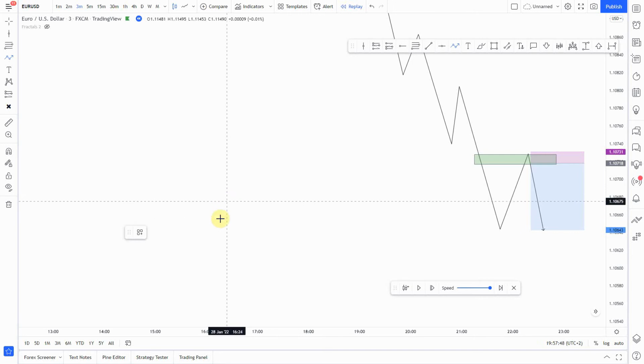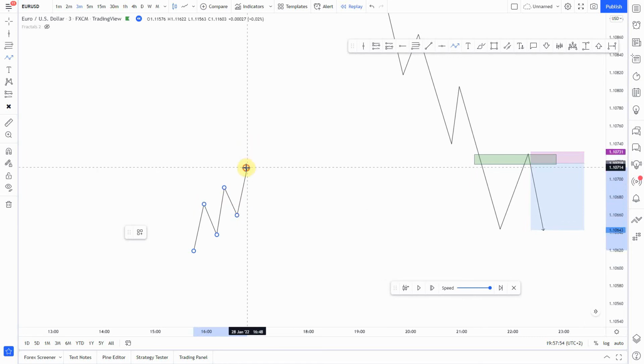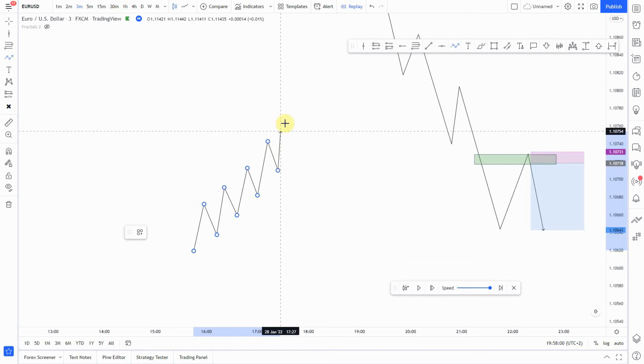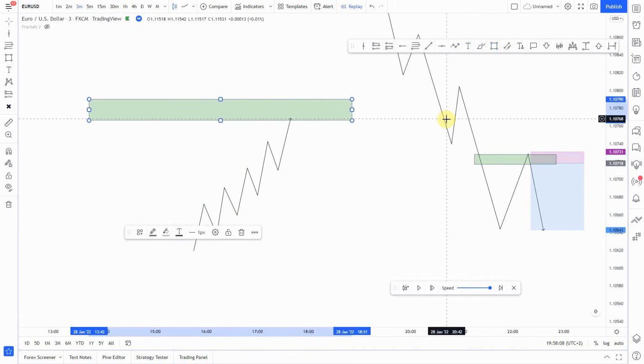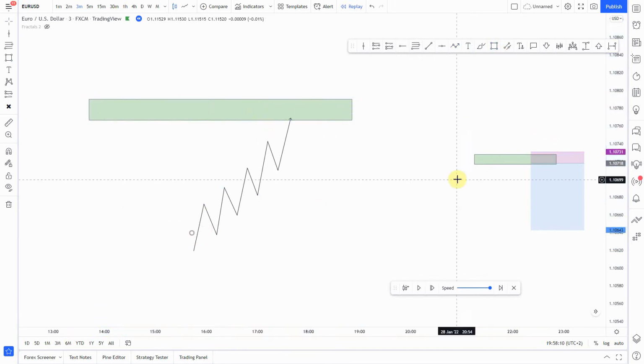You would understand that when you are moving to the upside, you will make higher highs and higher lows, right? And then what happens when you want to take a sell position? You'd want price to first reach the point of interest. That would be, in my case, a drop base drop. Now let's remove that.